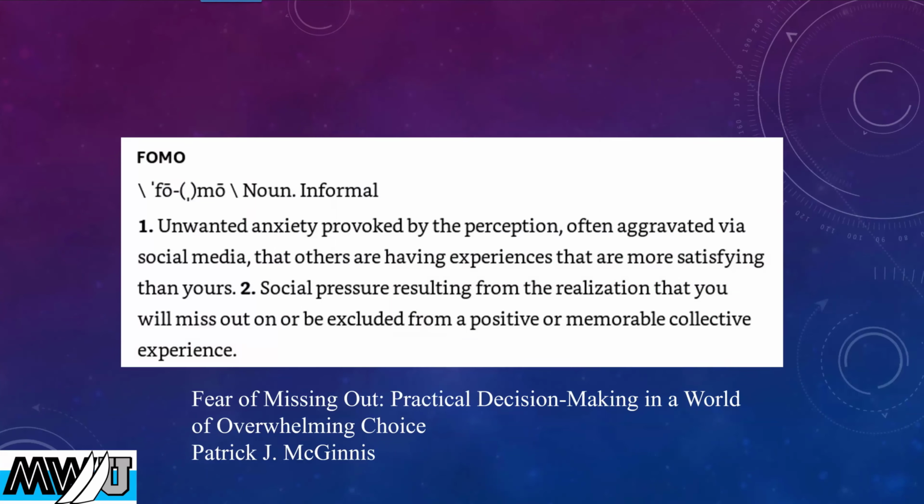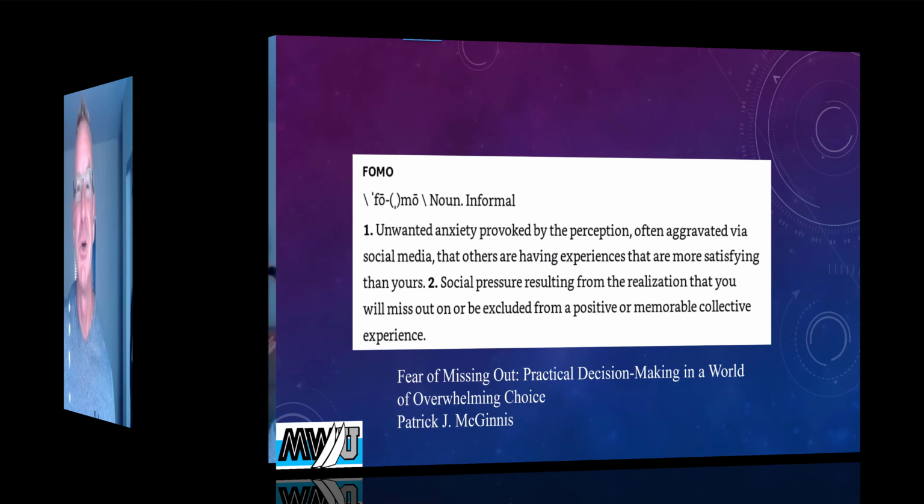And I've come to this concept, I've stolen a concept basically from social media. This is a book that I've really enjoyed reading called The Fear of Missing Out: Practical Decision Making in a World of Overwhelming Choice.